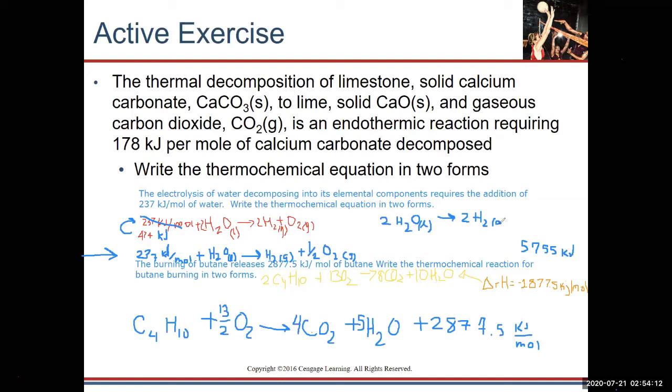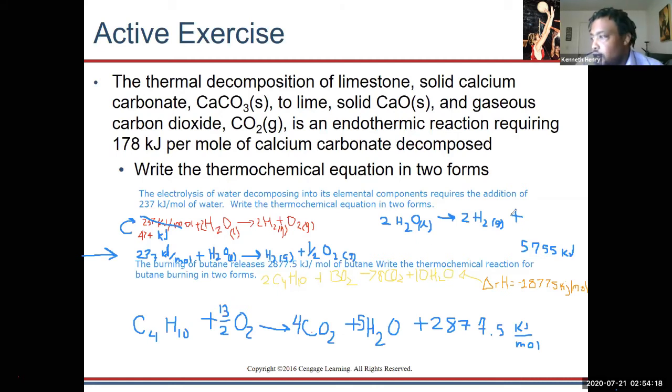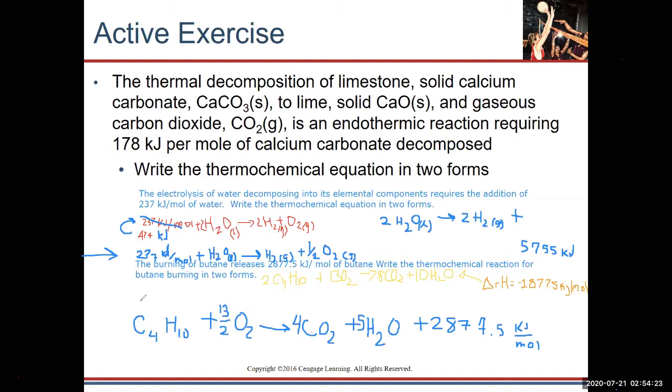And the ones that she did right now, this one, that one's also good. Yeah, this one right here.